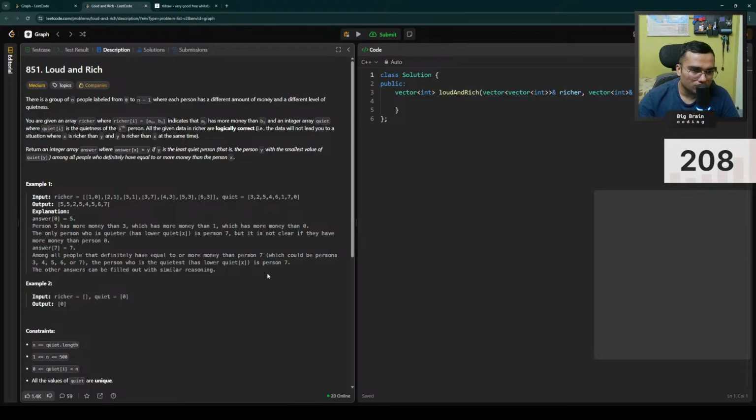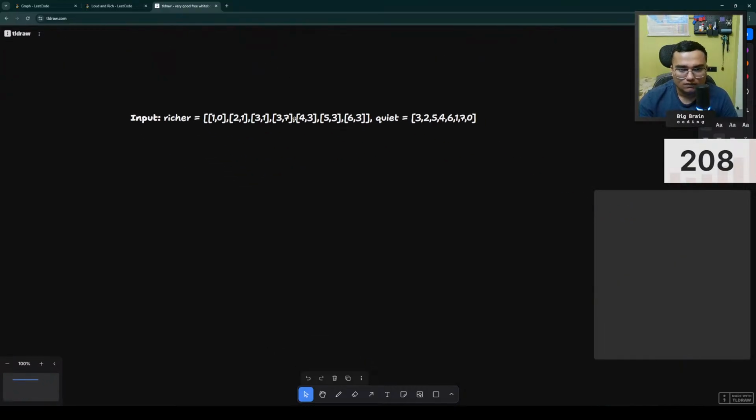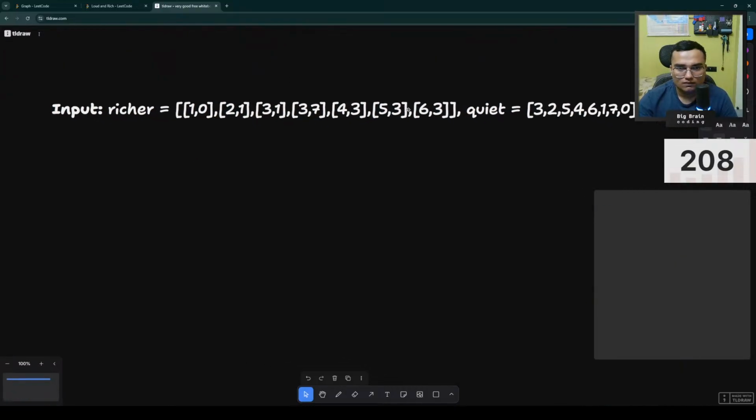Sounds like a topological problem, man. So 1 is richer than 0, 2 is richer than 1, 3 is richer than 1, 3 is richer than 7. Okay, let's understand. This is 0 1 2 3 4 5 6 7.